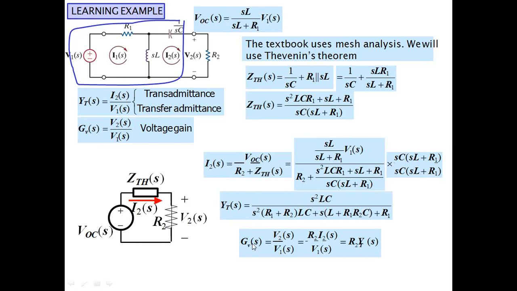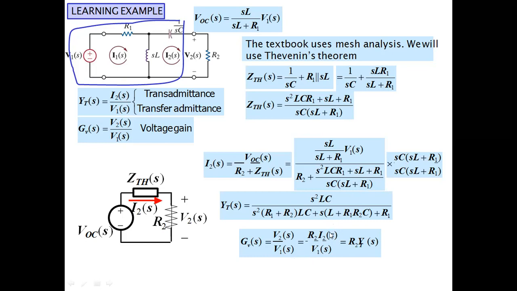Now you are supposed to find the equation for voltage gain. We have the equation V2 of S upon V1 of S. How can we solve it? We can use Ohm's law for V2 of S, that will be R2 into I2 of S, with V1 of S as it is.